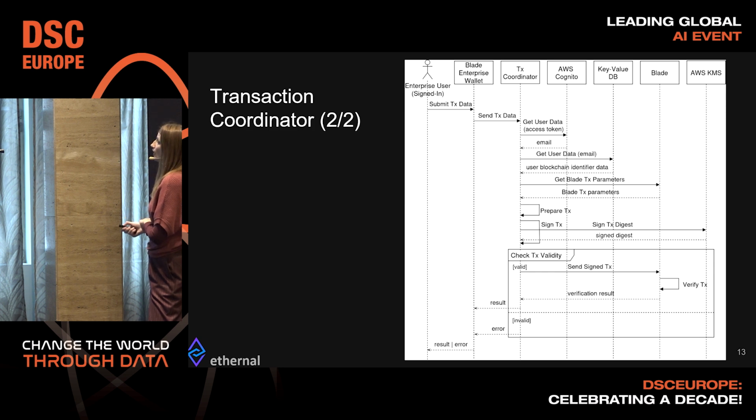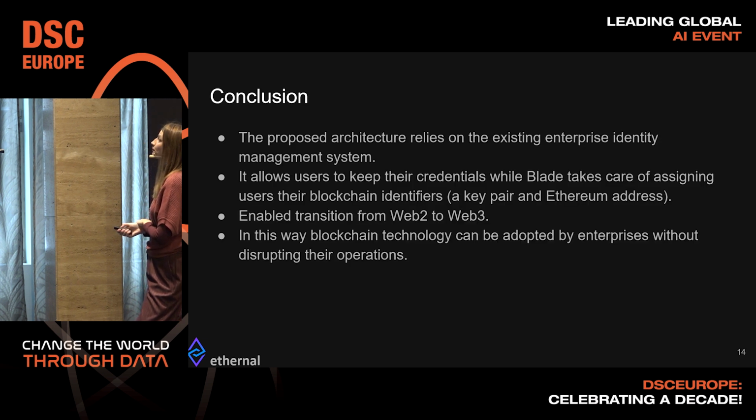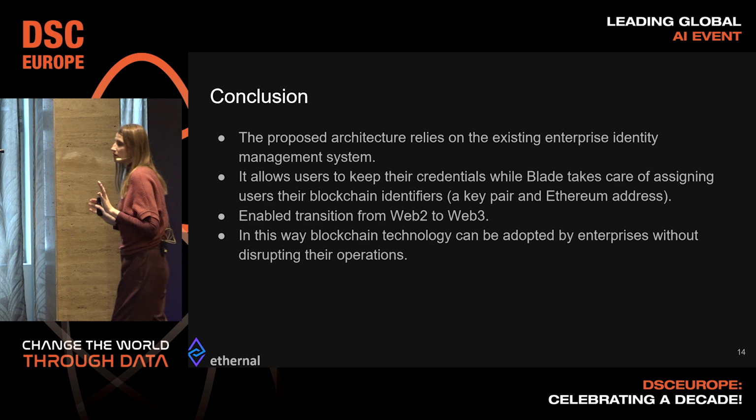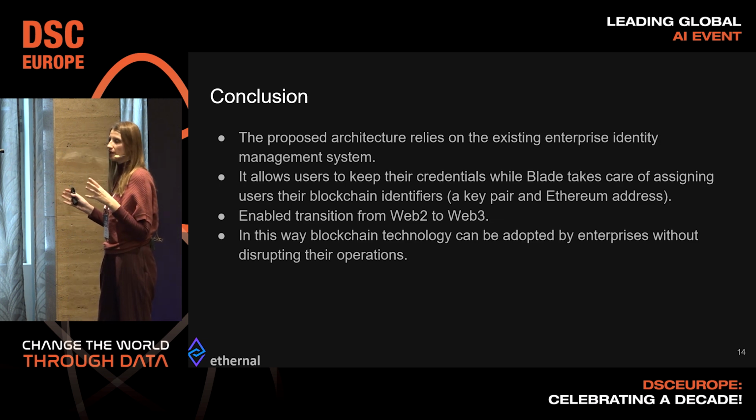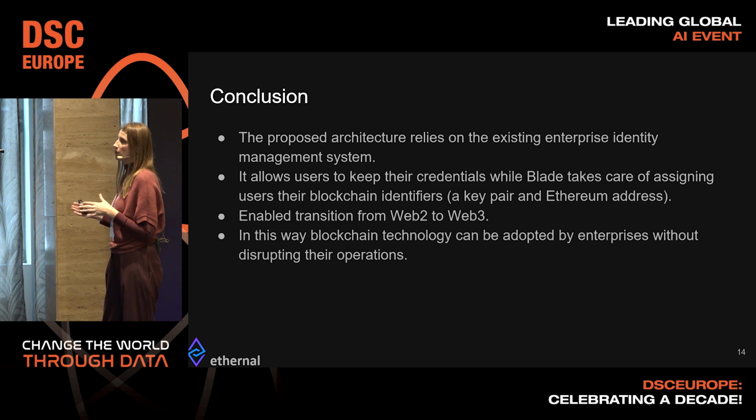The results are returned back to the application so the user can see if the transaction failed or was successful. So with these 5 integration points, we have explained how this integration between an enterprise system and Blade blockchain can work.